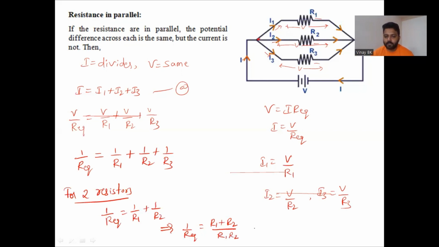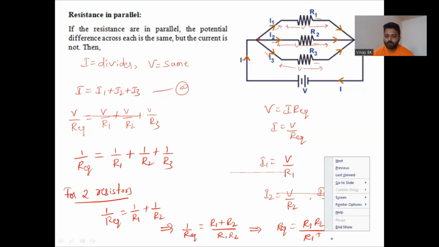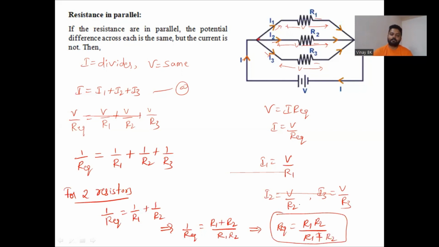If you want to get R equivalent, take the inverse of this. You are getting the value of 1 over R equivalent, but we want the value of R equivalent. So R equivalent equals R1 R2 divided by R1 plus R2. This is the equivalent value of resistance for two resistors.